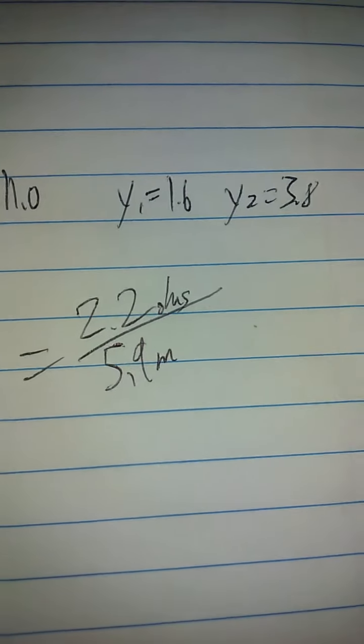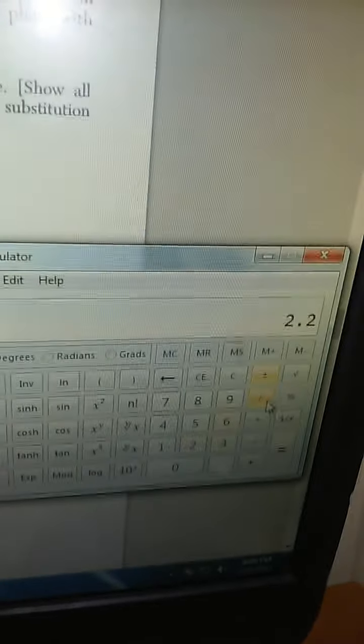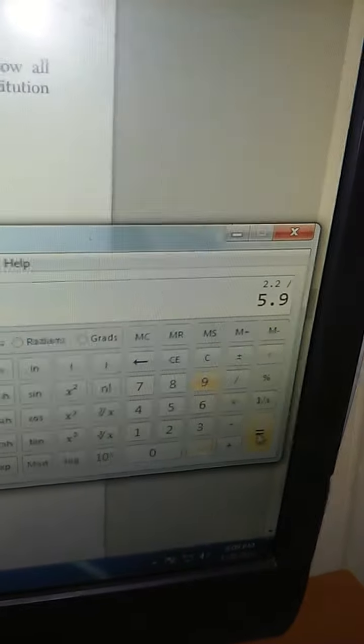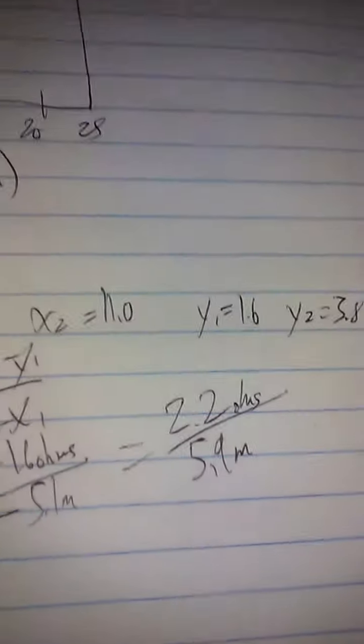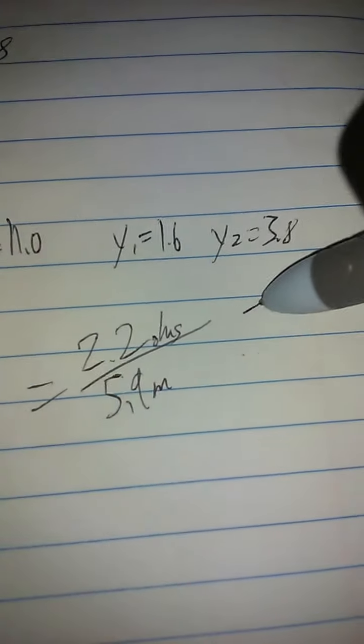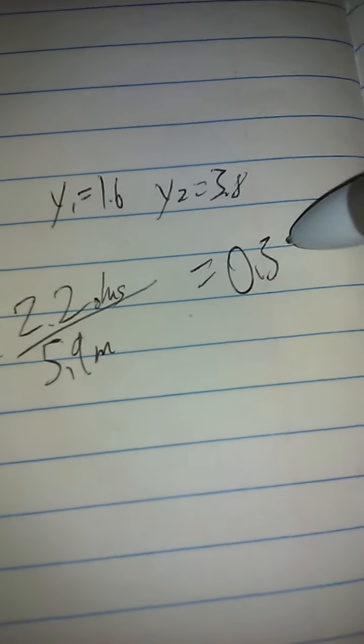So 2.2 over 5.9, let me do the math. 2.2 divided by 5.9 is 0.32. So 0.32 ohms.